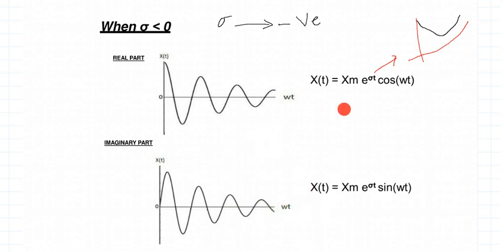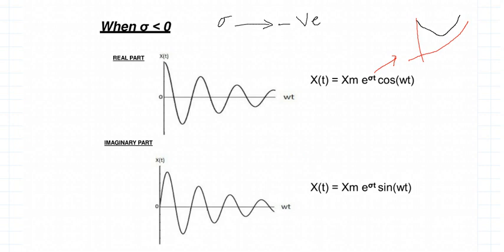So when sigma has values less than 0, the imaginary part and the real part have magnitudes continuously decreasing with respect to time. The reason is that you are multiplying those cosine and sine waves with the exponential term, where the attenuation on the signal is such that it is continuously decreasing, and that's why the cosine and the sine wave are also decreasing in magnitude with respect to time.